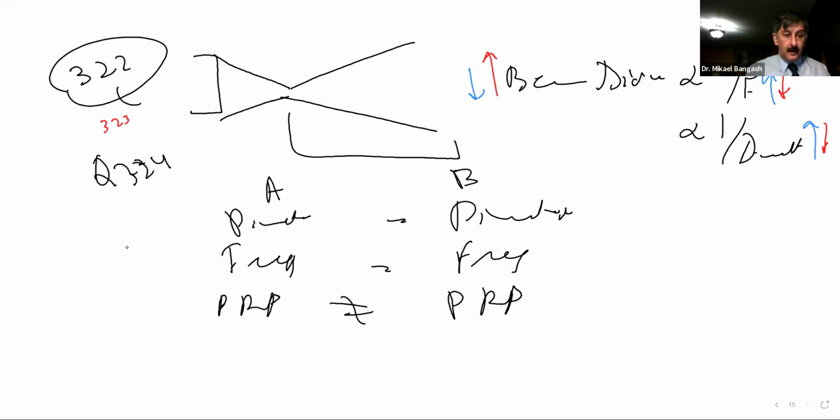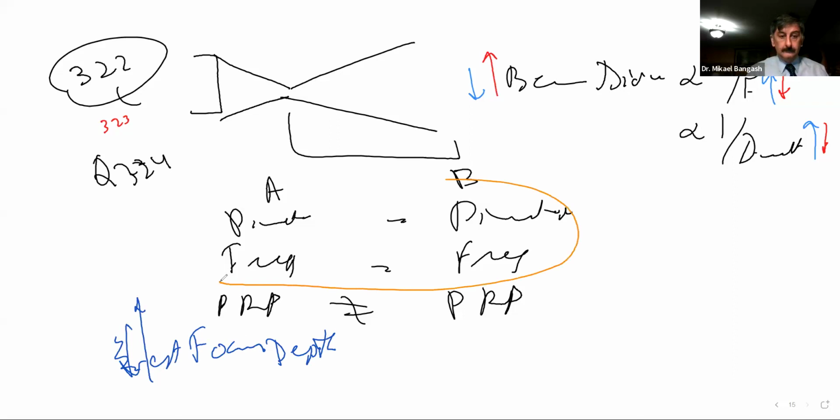Now, what they talk about here is deepest focus. What is the greatest focal depth? And that's going to be the same, because they both have the same frequencies and diameters.